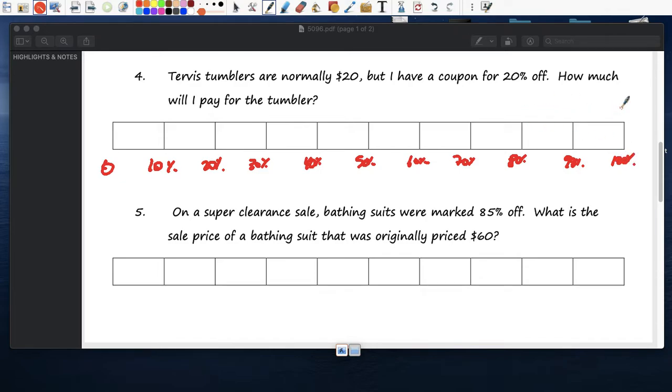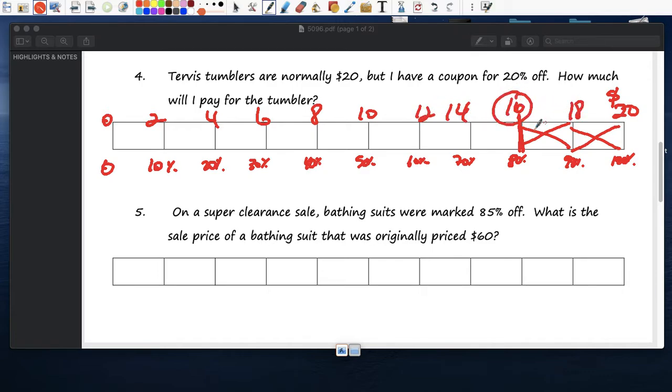Full price is $20, right? But I have a 20% discount, so I'm not going to pay those last two boxes. I'm going to pay up to 80%. What's 80%? $20 full price divided by 10 is 2, so we're going to go by 2: 2, 4, 6, 8, 10, 12, 14, 16. There's my stopping point, my paying price. So 80% matches with $16. How much do I pay for the tumbler? $16.